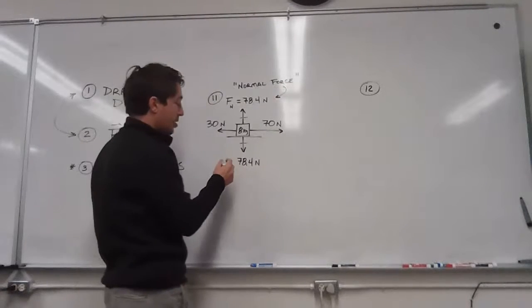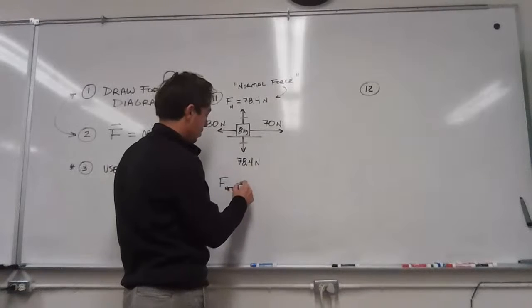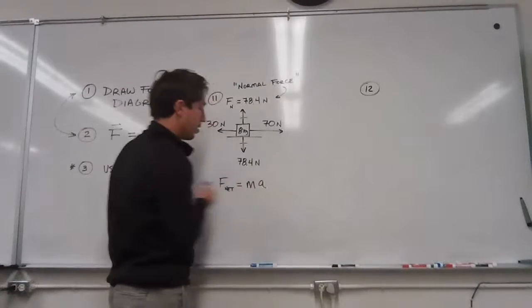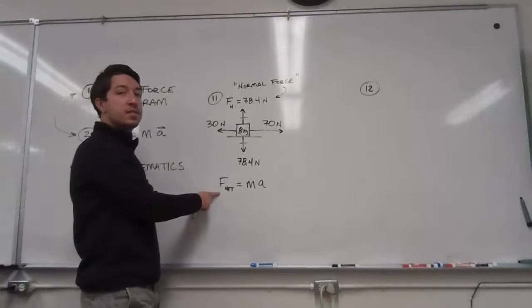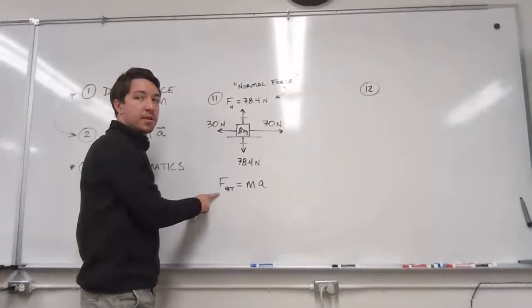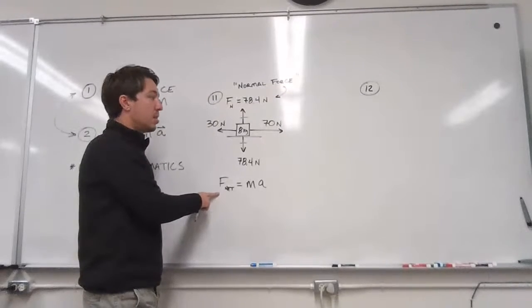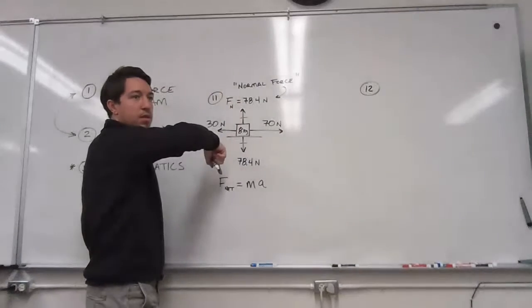Okay, anyway, what's the net force? Right. So use this formula. The net force is 40. Does everyone understand that? Because there's 70 this way, there's 30 this way. These guys cancel out.